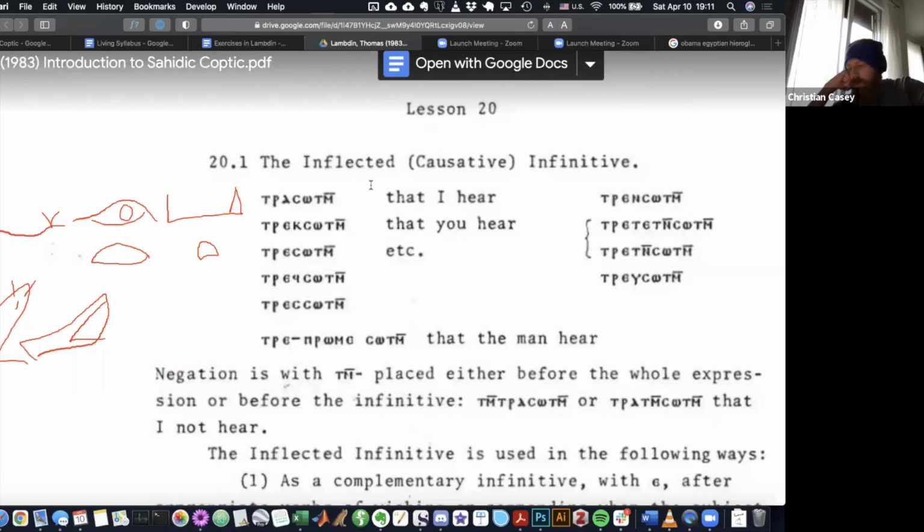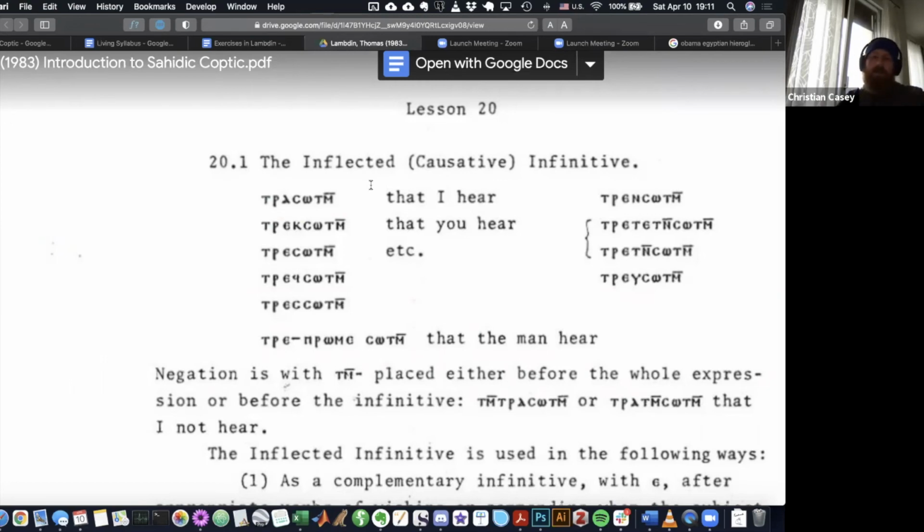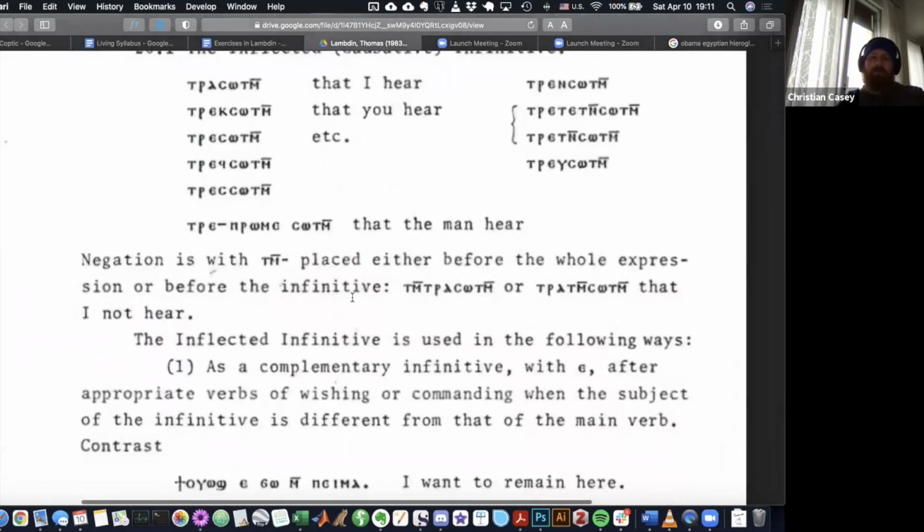Mine is not good. Anyway, okay, so literally what it means is to cause his doing hearing, right? So prasotem is like to cause my doing hearing. So it is a causative infinitive. It can be used to express a causative meaning.